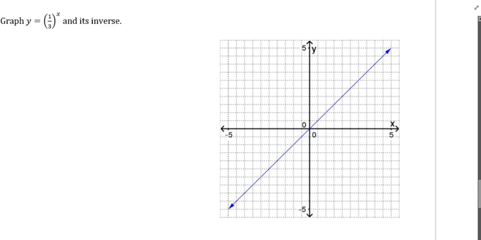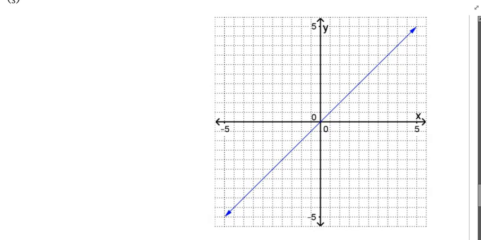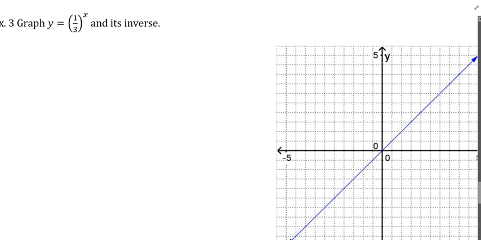You can just watch. I don't know that you have to actually copy this down right now. So 1/3 and its inverse. The way I think about this is it's just a reflection in the y-axis, because it's kind of like 3 to the x, except negative values give me the flipped results, and positive values give me the flipped results.